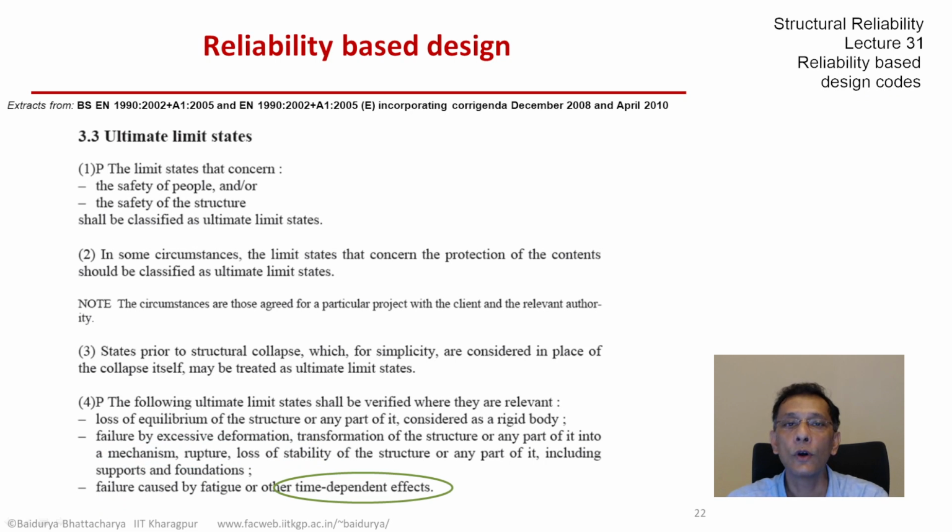Time-dependent effects should also not be forgotten. So we are seeing again and again that the code makers want to remind the designer that time-dependent effects have to be kept in mind.